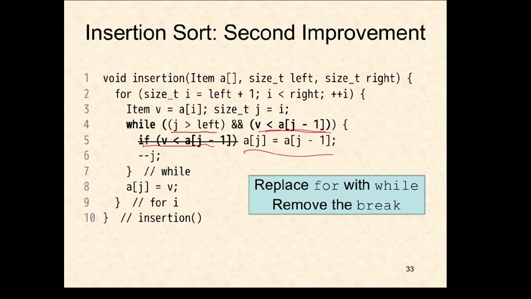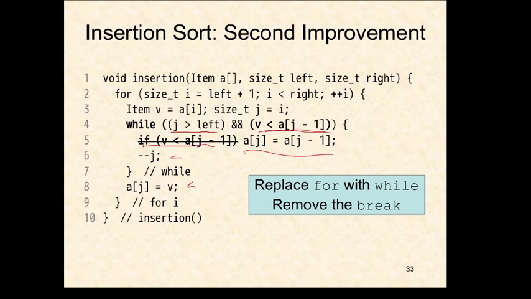I copy a value one position to the right, and then I update j. Because I don't have a for loop anymore, I've got to do the update at the bottom of the loop. When the while loop ends, this line remained the same. Put v where it belongs with respect to that sorted region.